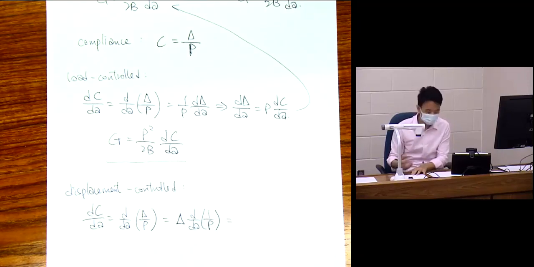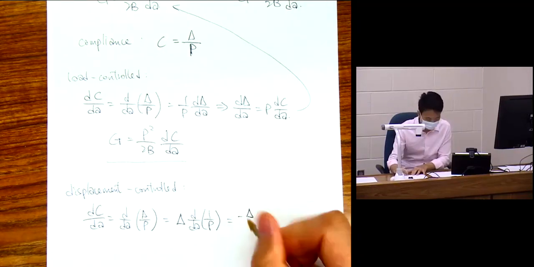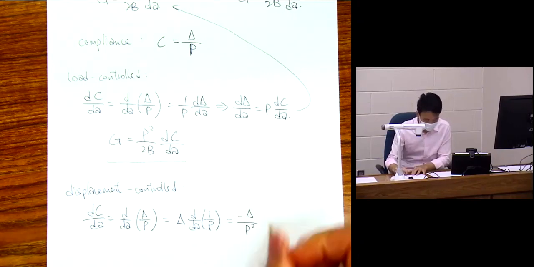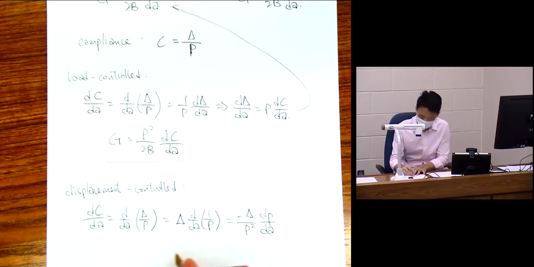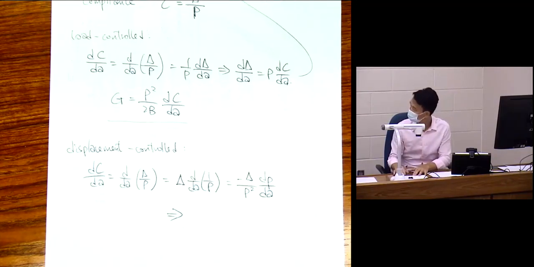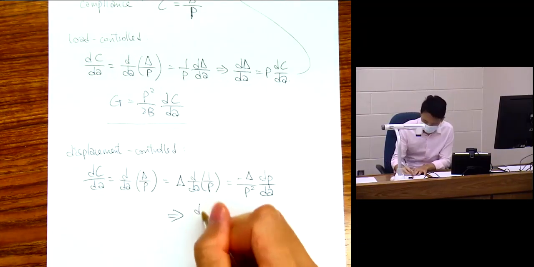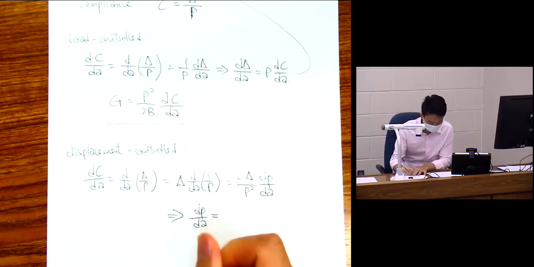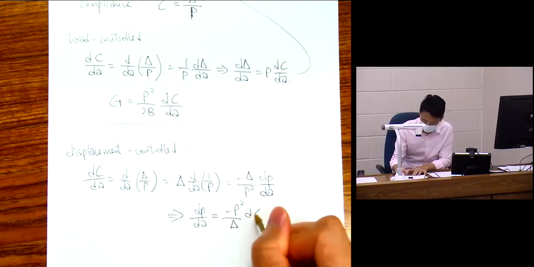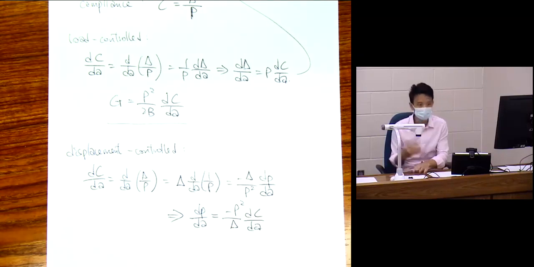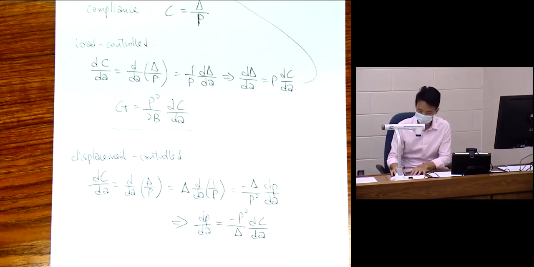And just use chain rule. Use chain rule in differentiation. You got P squared dP/dA. And that means dP/dA is minus P squared over delta. So you can go through it at home if you can't follow all of this right now.